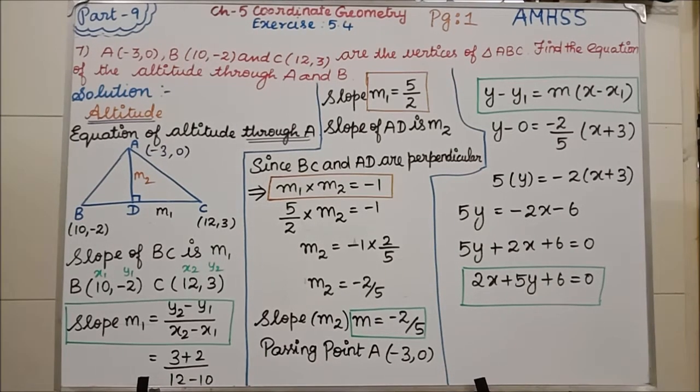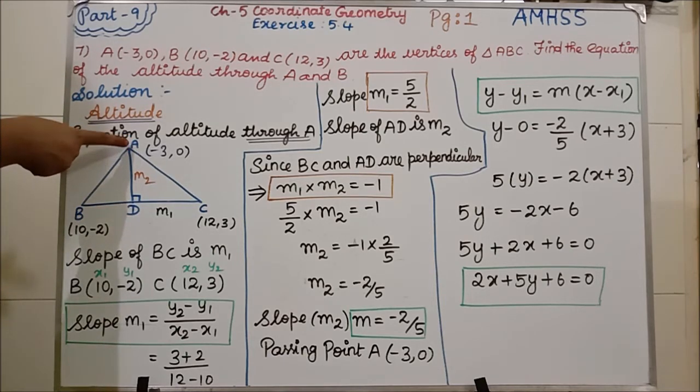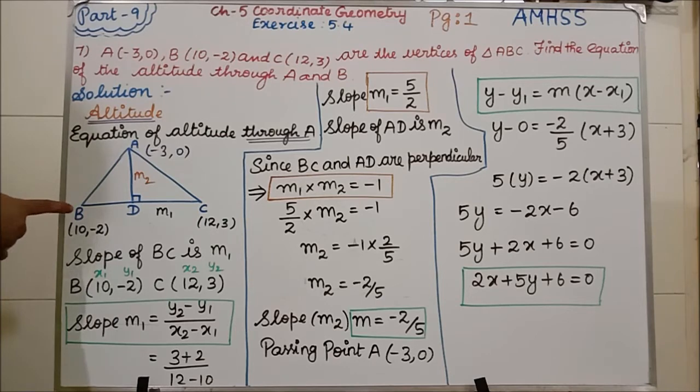Students, this page number 1 is through A. Altitude through A I have drawn. Altitude through A means, see, from the vertex A only you have to draw the altitude. Next, in page number 2, I will draw the altitude from vertex B. So from here I will draw the altitude. Clear?